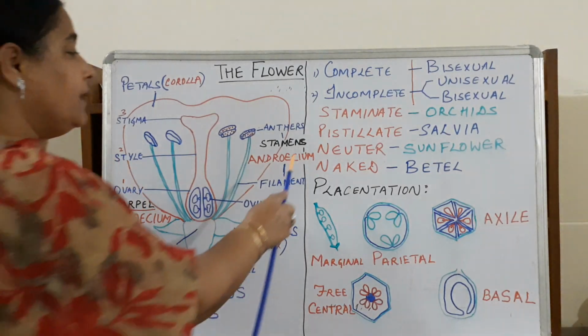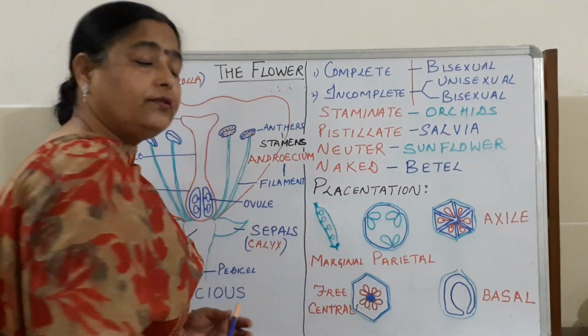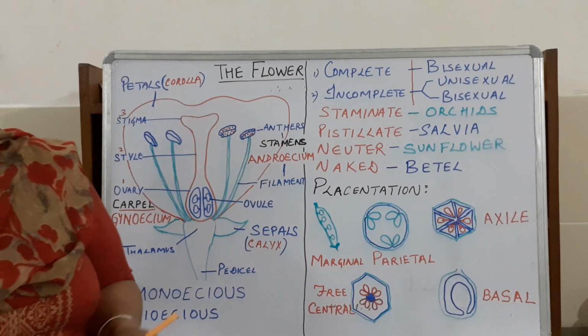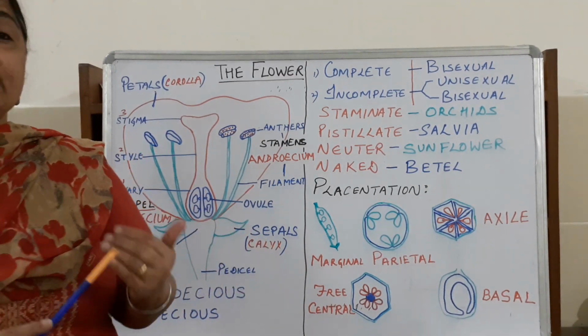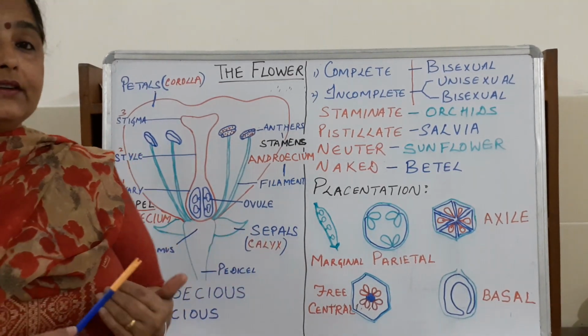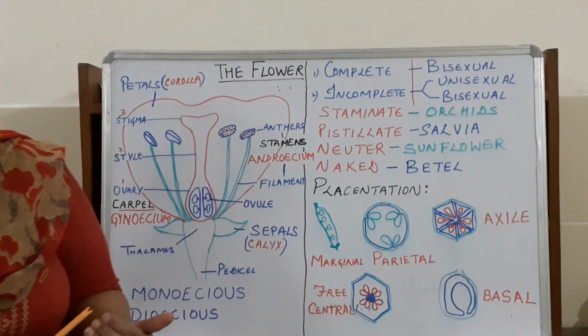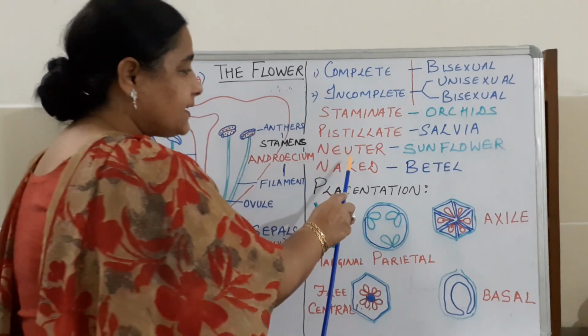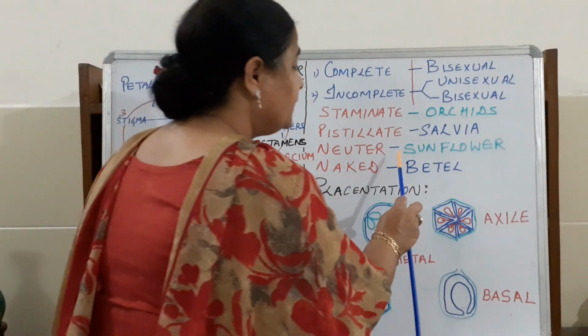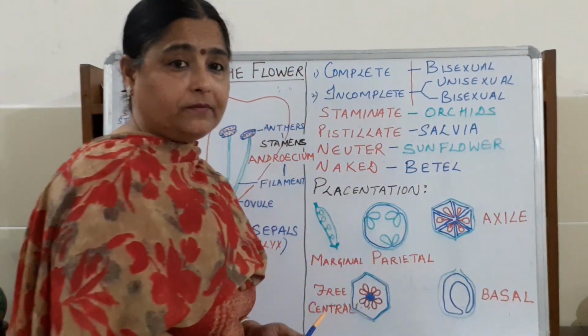Neuter flowers are those flowers in which the androecium and gynoecium are totally absent. Only the non-essential parts, that is the calyx and corolla, are present. An example of neuter flowers is the ray florets of sunflower.